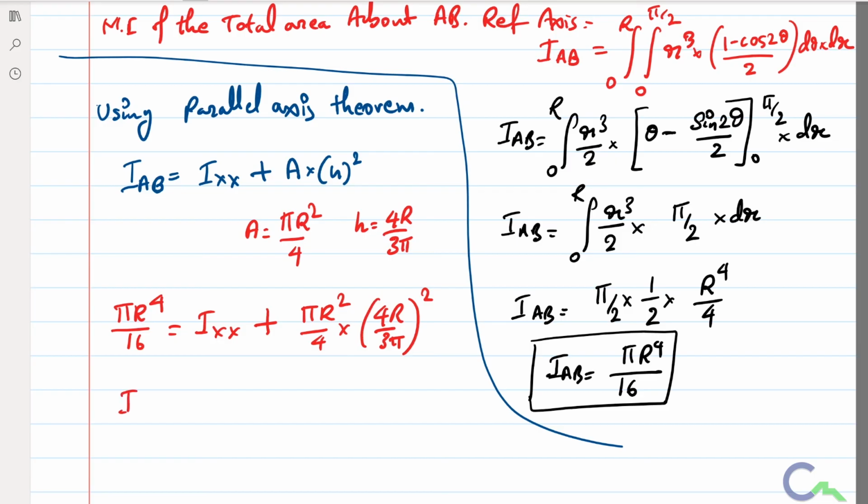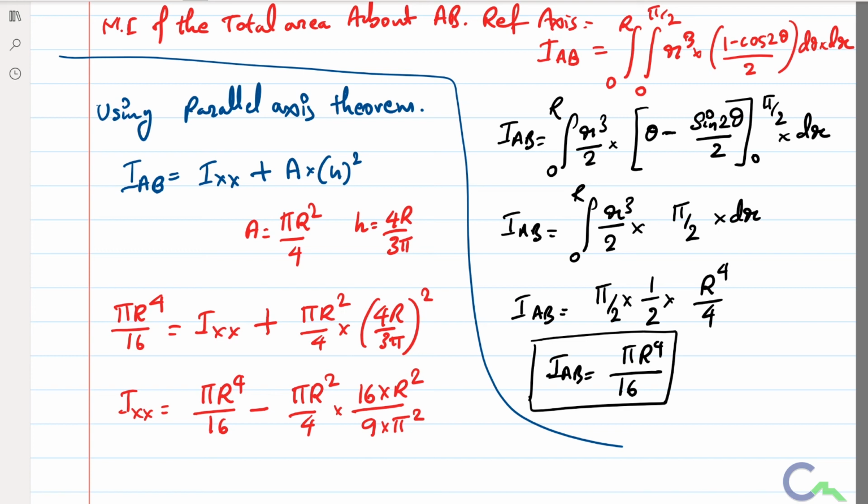So I want the Ixx value, that is equal to pi r to the power 4 divided by 16 minus pi r square divided by 4 into 16 r square divided by 9 pi square.